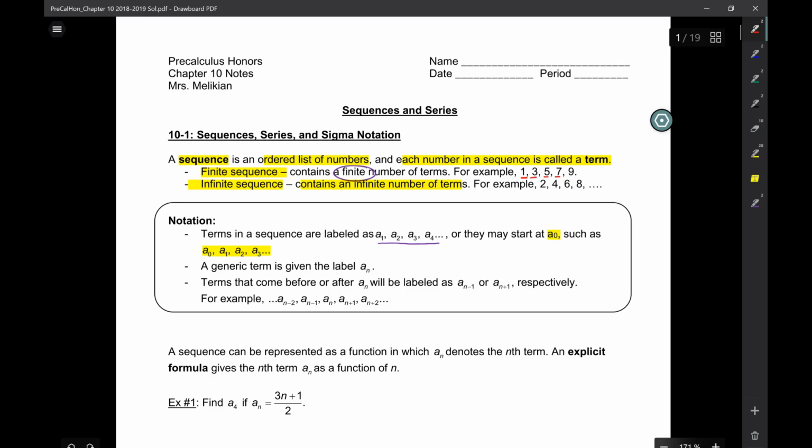So I know this is term number 4 and so on. Or I could label them starting at 0. So this could be A0, A1, A2. So it'll be like 1 off almost if you start at 0.